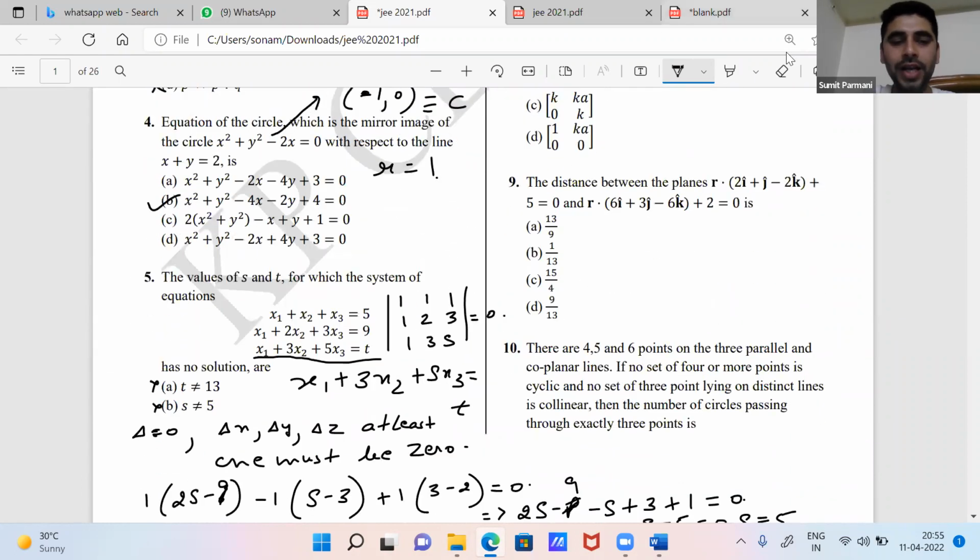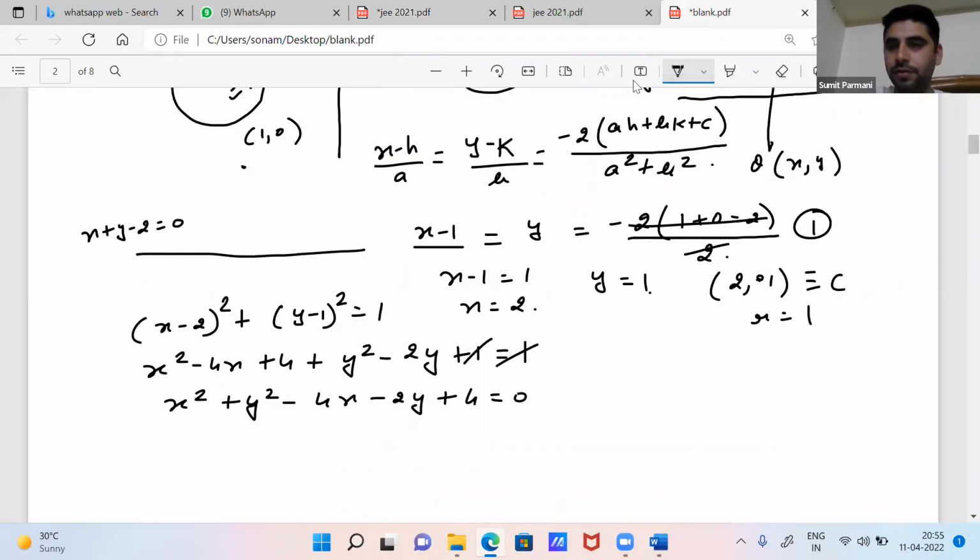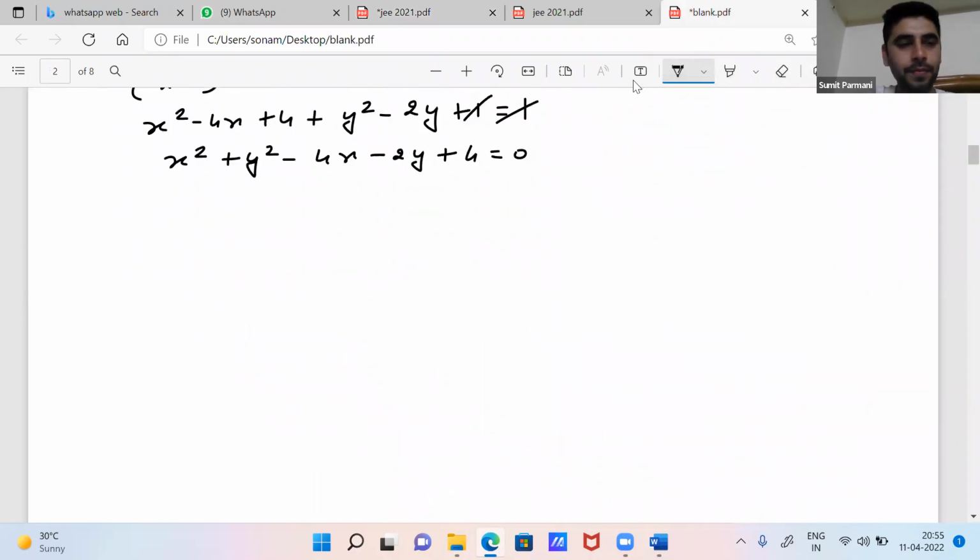Okay, so for del x, I'm telling you, we have to replace these elements with 5, 9, and t. Okay, 5, 9, and t, and put s is equal to 5. So we have 5, 9, t, 1, 2, 3, 1, 3, 5.